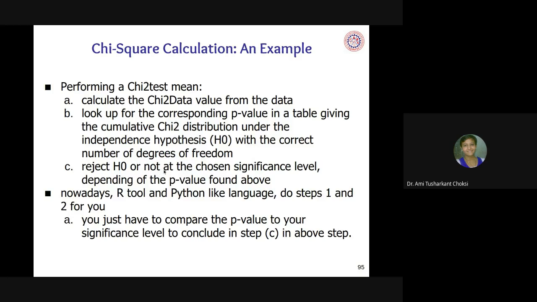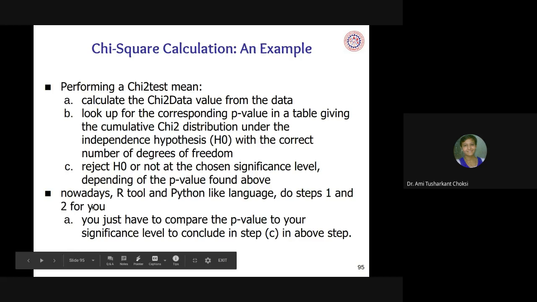Reject H0 or not at the chosen significance level depending on the p-value found, right? Nowadays, R and Python-like languages do step 1 and step 2 for you. That is, whatever we are performing here is calculated by Python and R-like tools. You just have to compare the p-value to your significance level to conclude. Fine.